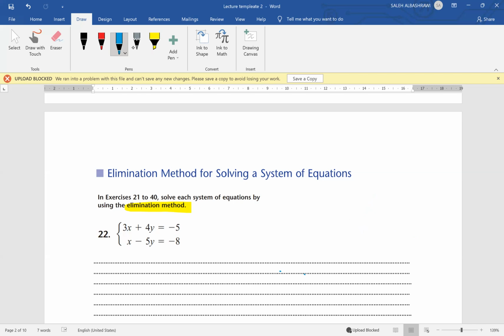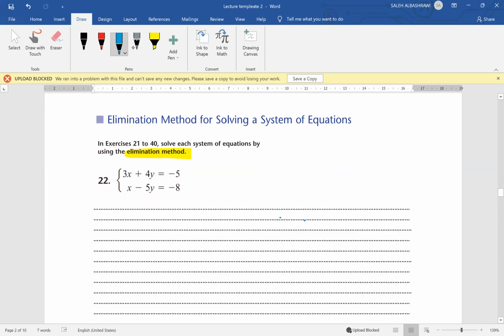So for this example, now I need to solve 3x plus 4y equal to minus 5 and x minus 5y equal to minus 8. Now I can choose to eliminate either x or y.